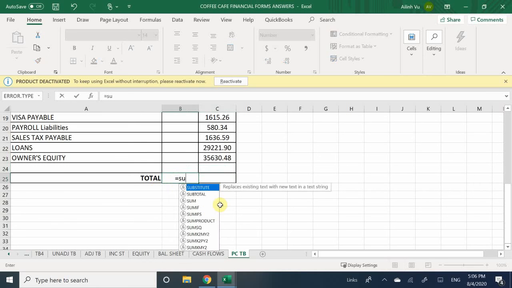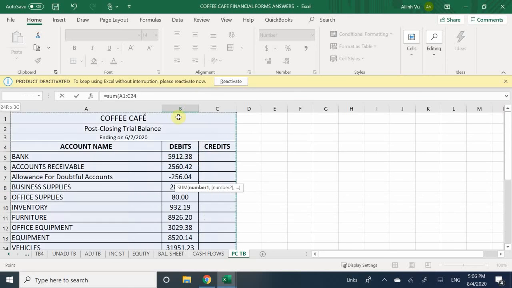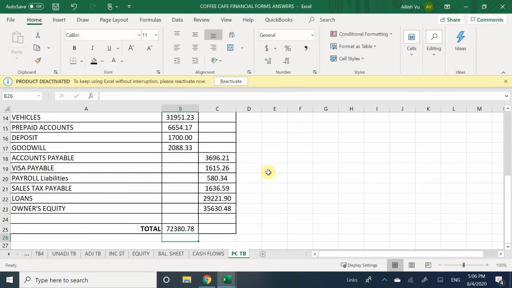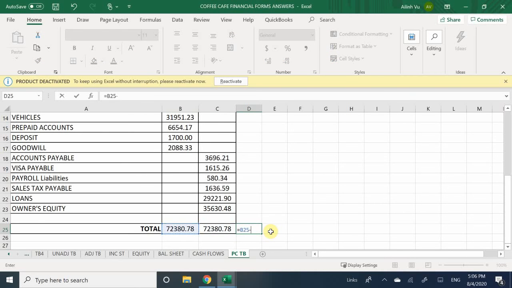So equals sum. Okay, enter that. So here I have my 72,000, and if I pull that equation in here, they both match 100%.